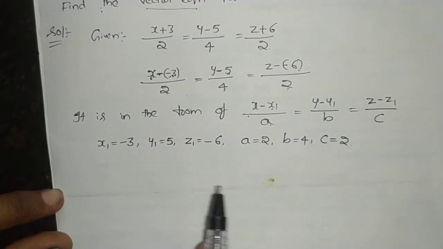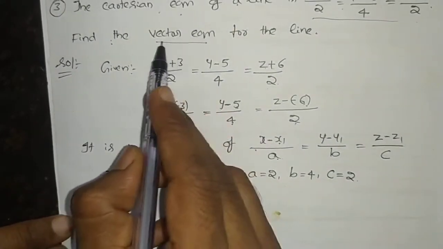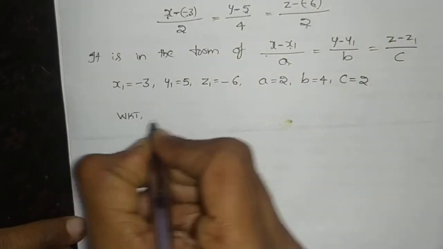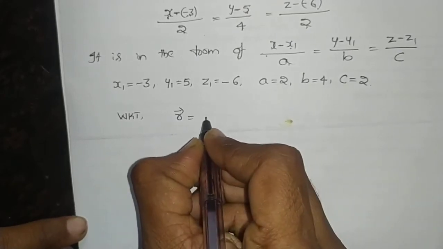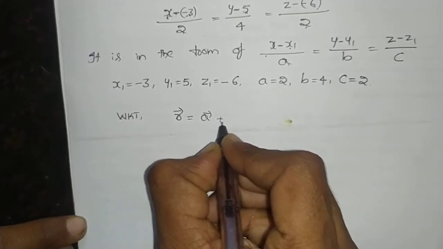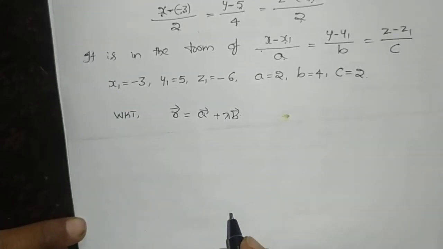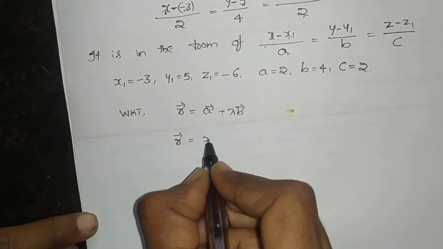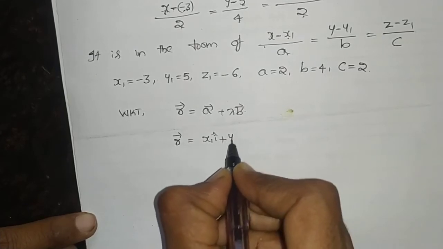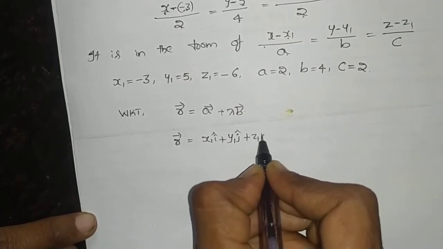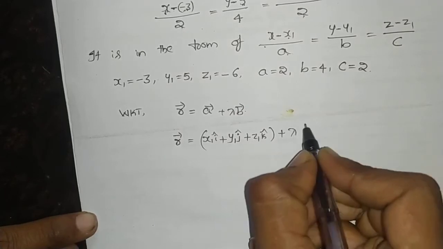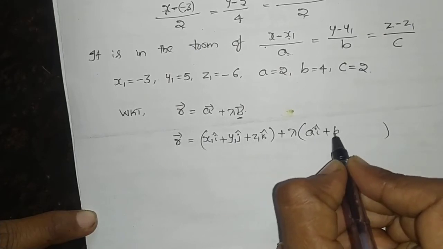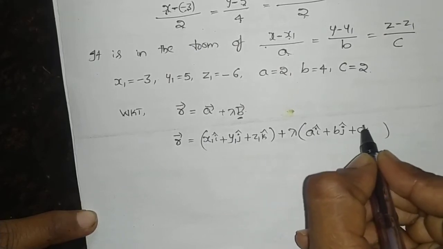Now we have to find the vector equation. The vector form is: r vector equals a vector plus lambda times b vector. This a vector can also be written as x1 i cap plus y1 j cap plus z1 k cap, plus lambda into b vector, which is the parallel vector, a i plus b j plus c k.